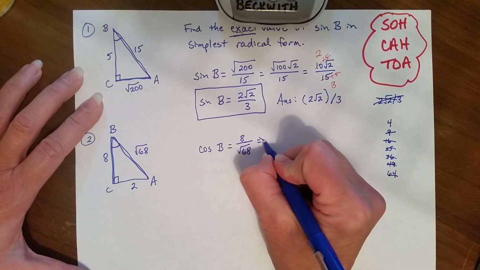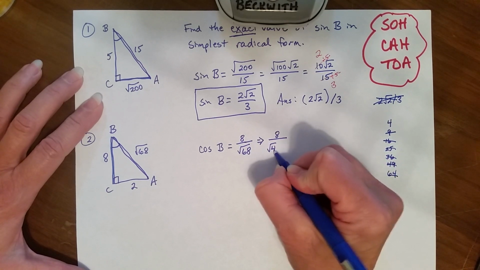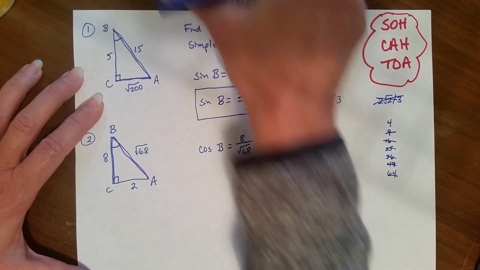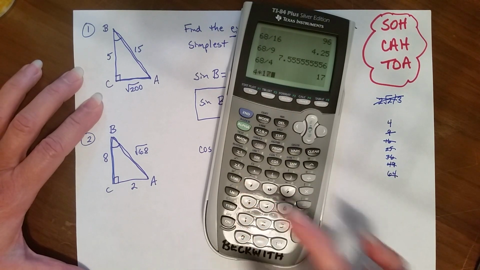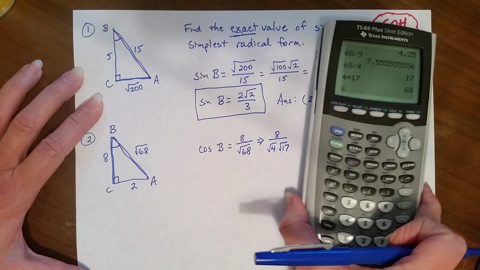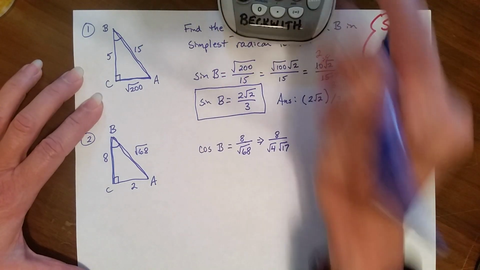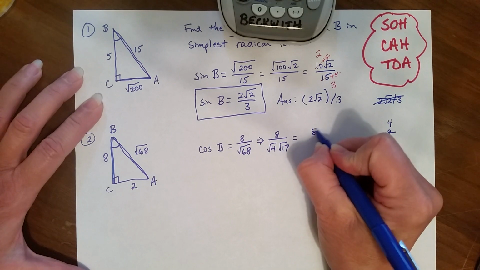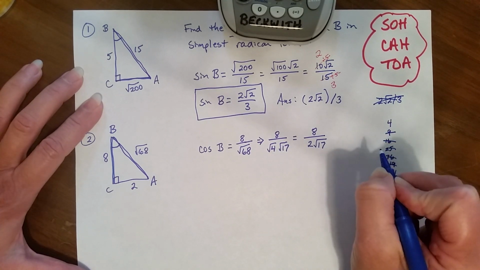So first, I'm going to make this 8 over the square root of 4 and the square root of 17, because we just figured out 4 times 17 is 68. So I'm going to split that up like that. Now the square root of 4 is 2, and then I still have a root 17.